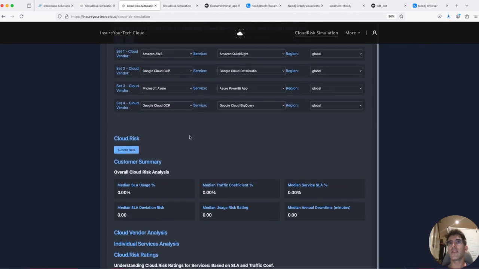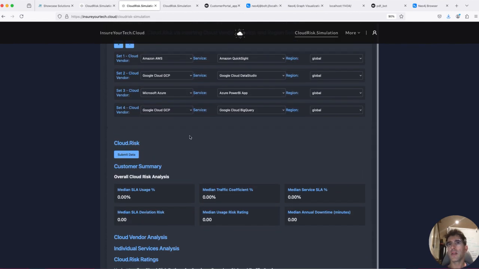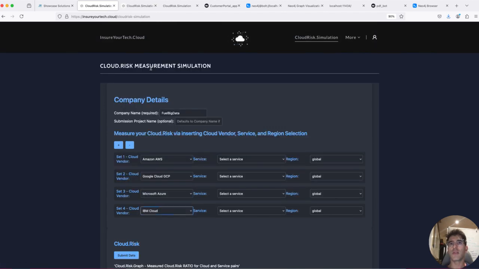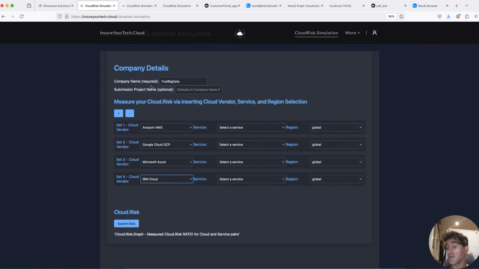But what exactly is a cloud assessment? Let's go into detail. A cloud assessment simulation is our methodology to enable our customers to cross-compare services between cloud vendors. Cloud vendors provide complex metrics and service level agreements.